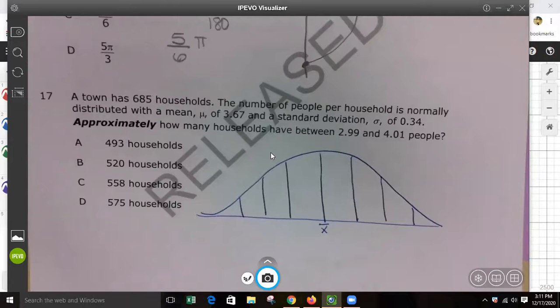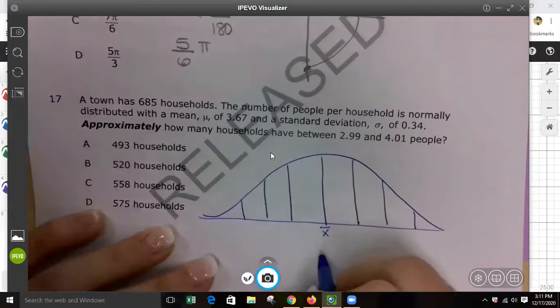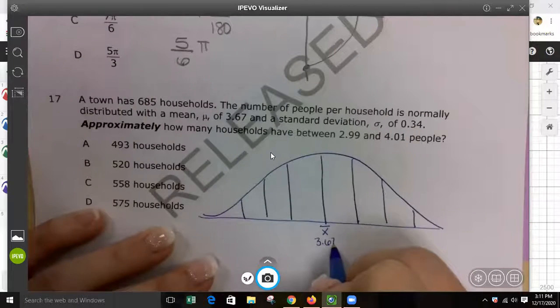It says a town has 685 households. The number of people per household is normally distributed with a mean of 3.67 and a standard deviation of 0.34. How many households have between 2.99 and 4.01 people? All right, so looking at this one, you have a mean of 3.67.